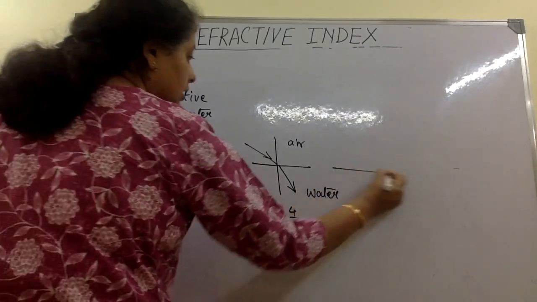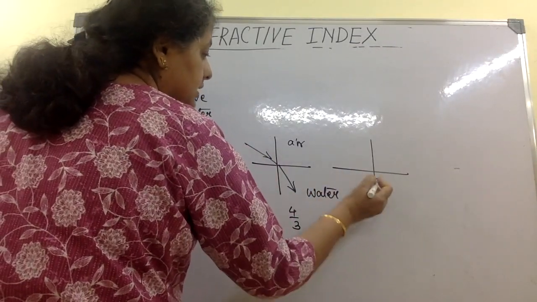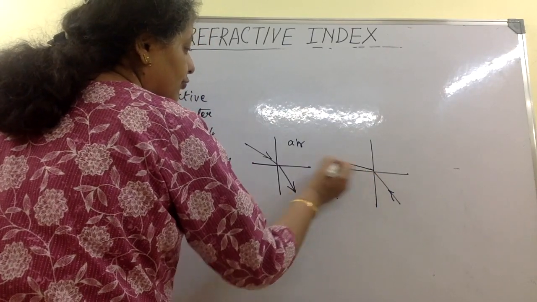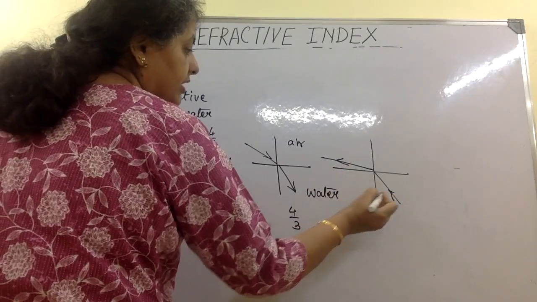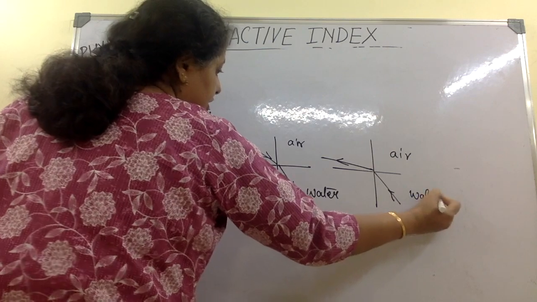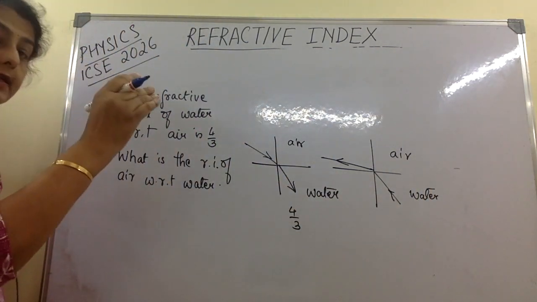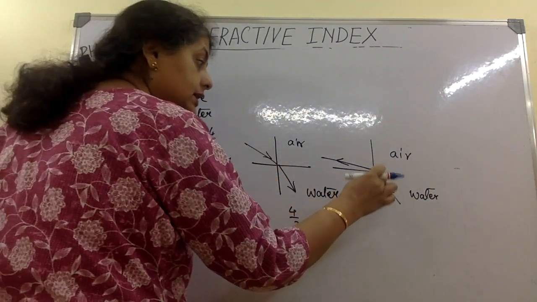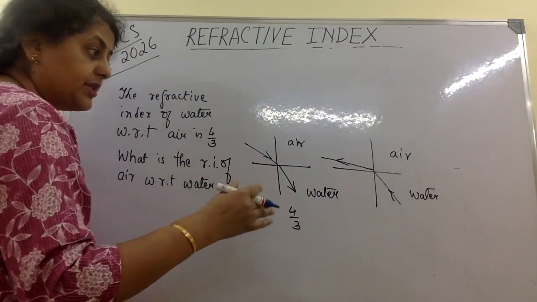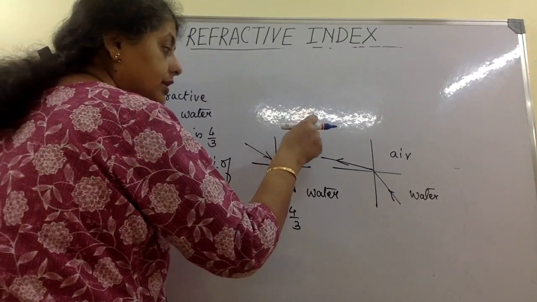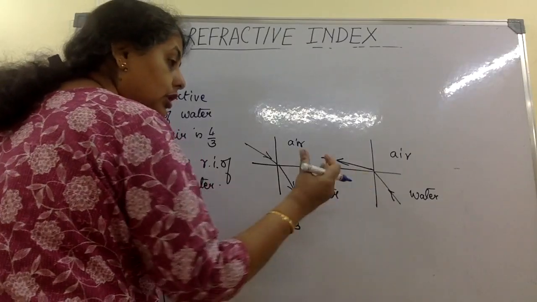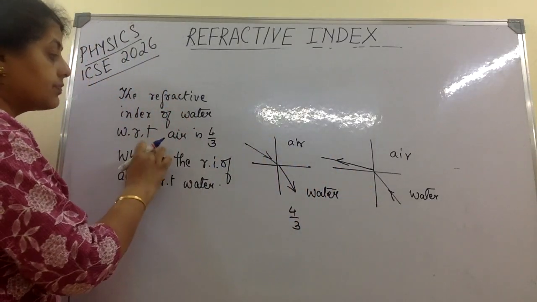But when the ray of light is going from water to air, it will bend away from the normal. This is air, this is water. The direction changes. The medium in which you have the incident ray is the first medium, and the medium in which you have the refracted ray becomes the second medium. The first medium always comes after the words with respect to.